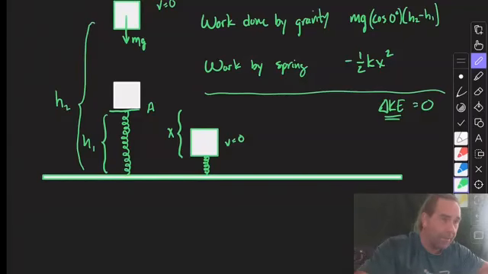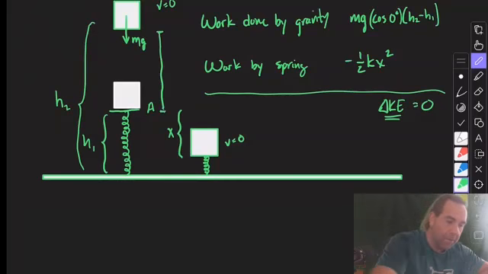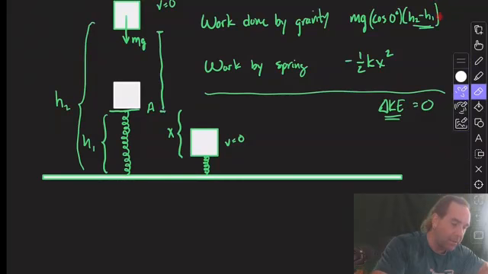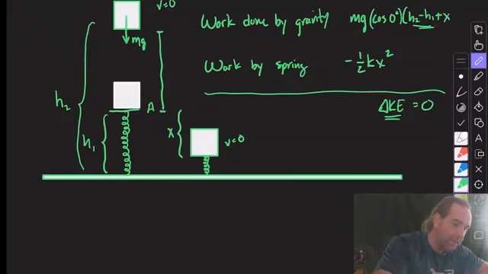The work done by gravity, well, do you have an expression for how far the box traveled? Shouldn't be tough, right? Here to here is h2 minus h1. It then travels an additional distance x as it compresses the spring.